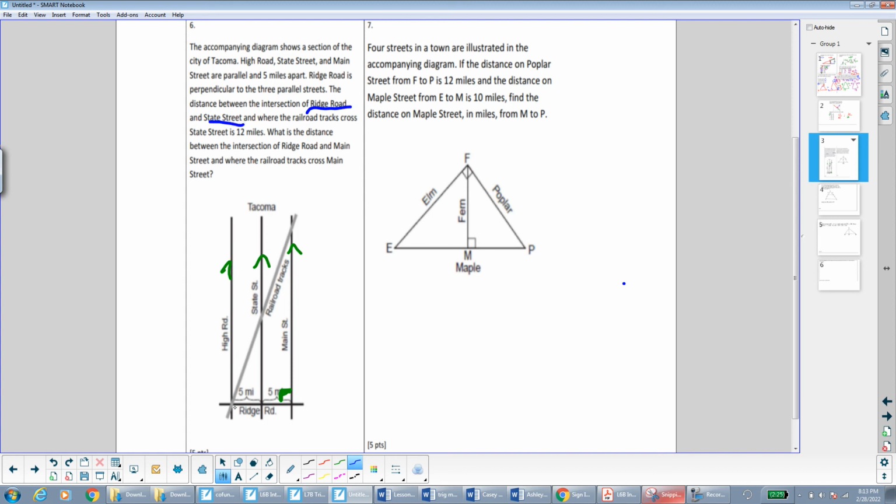Here's Ridge Road, here's State Street, and they meet right over here. This is the intersection of Ridge Road and State Street. And where the railroad tracks cross State Street is 12 miles. Here's the railroad tracks, here's State Street. So here's where the railroad tracks cross State Street. So this length over here is 12.